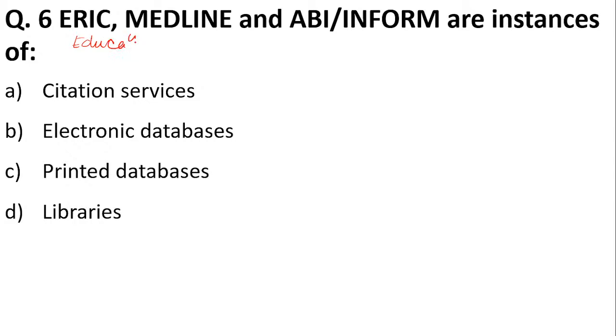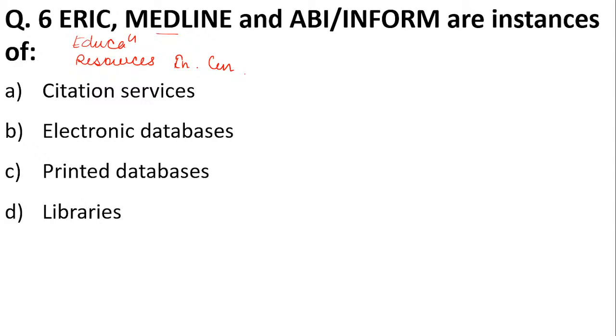And what is Medline? Medline is the first bibliographic website of US National Library of Medicine. Medline comprises the word medicine, so you have to remember it. It is the first bibliographic website of medicine.